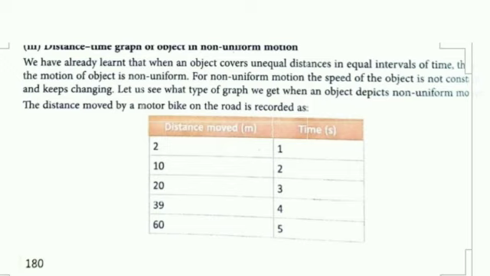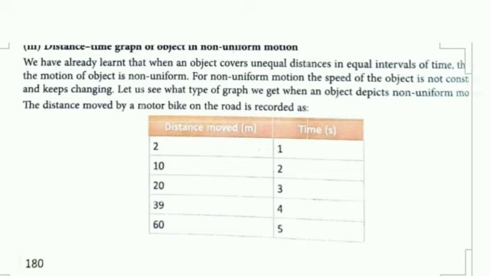We can also say that when an object moves with a non-uniform speed or changing speed, it travels unequal distance in equal interval of time. Remember this? Unequal distance in equal interval of time.